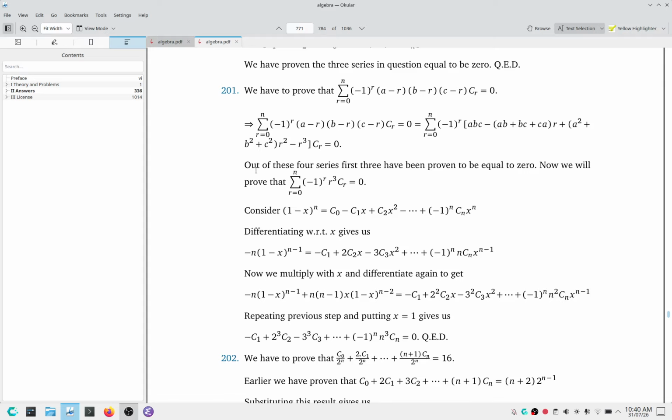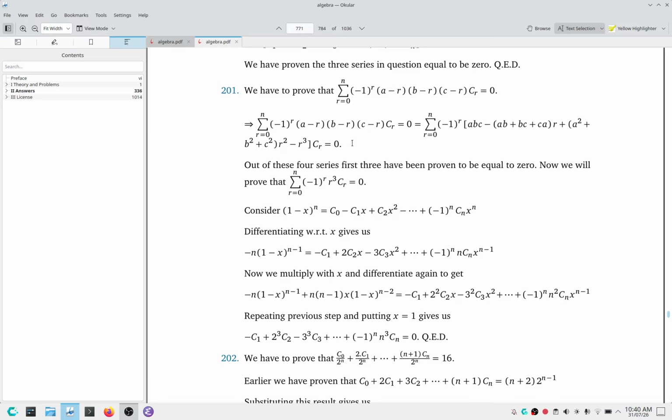And out of these four series, hang on, let me think carefully. How did we get A square plus B square plus C square? No. So we multiply ABC, then we get AR, BR, and then we get AB, BC, and CA into R. That is fine.